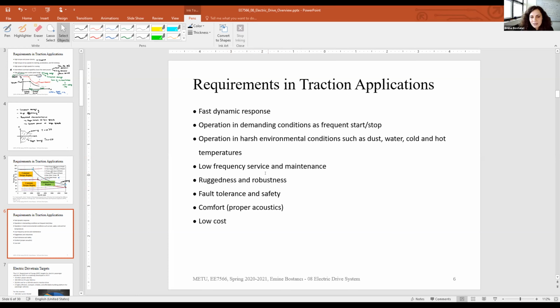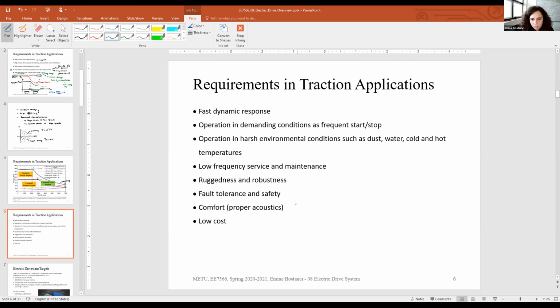Okay, so those were the requirements, but actually when you buy a vehicle, these two are super important: the comfort and the low cost. Comfort is what you hear when you drive the vehicle, and the cost is what you pay. Usually you check the characteristics we already talked about, the acceleration, the maximum speed and so on.